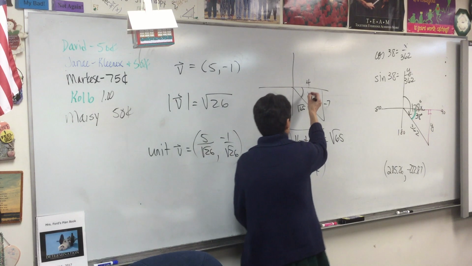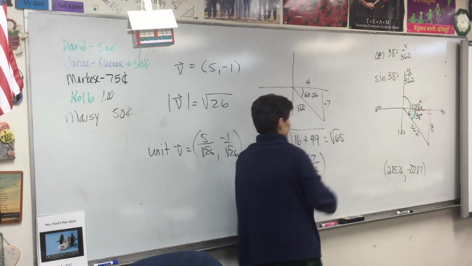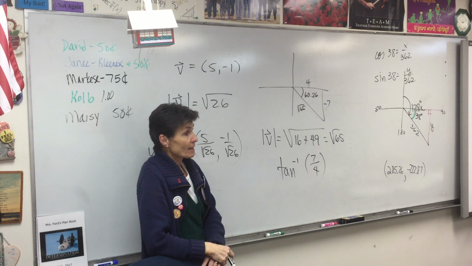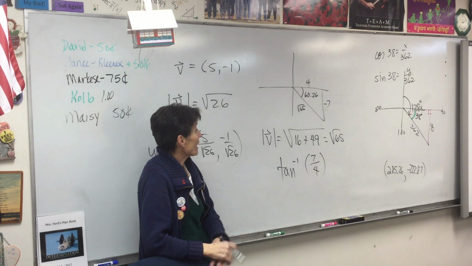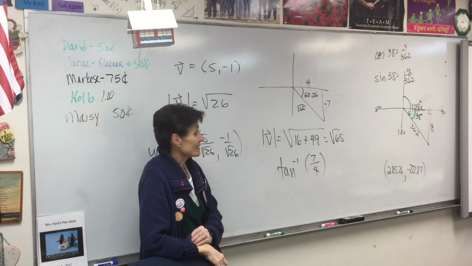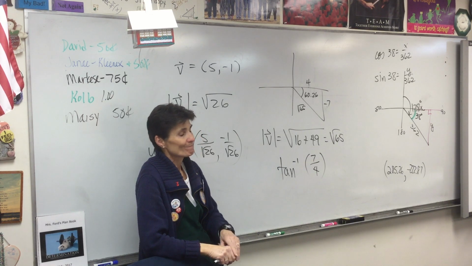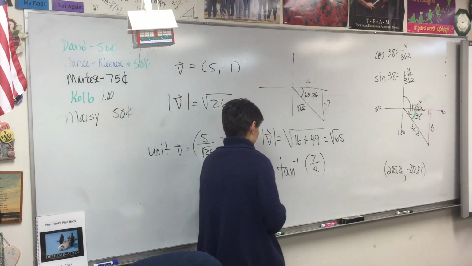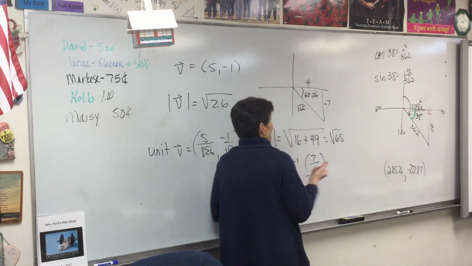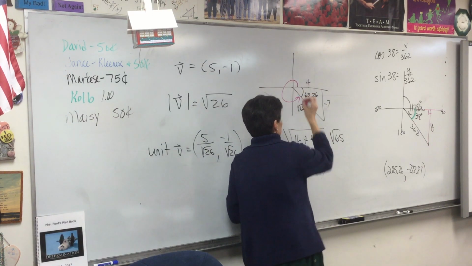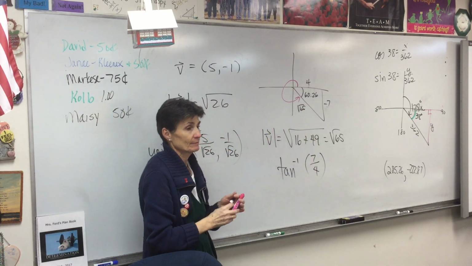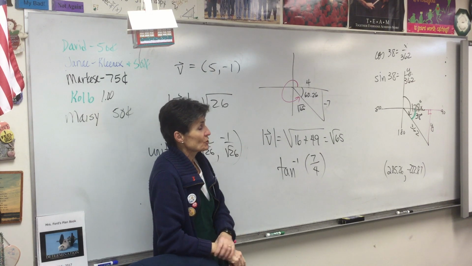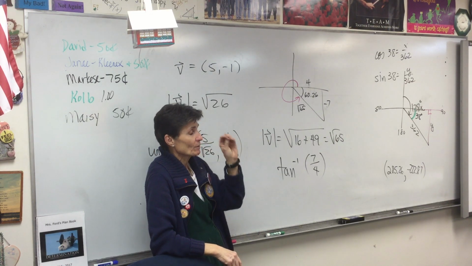So she says 60.26. Now, on the quiz, some of you put down 60.26 as your direction angle. No. That is the reference angle for sure, but the actual direction angle is this. Don't blurt out something ridiculous.